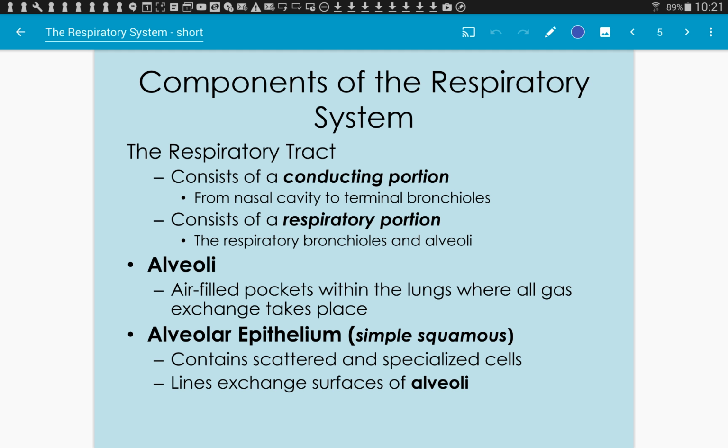So two major sections. The conducting portion is almost all the respiratory system until you get to those little gas exchange bubbles that look like grapes, the alveoli. You definitely need to know those two sections. I'm just highlighting these in here for you.